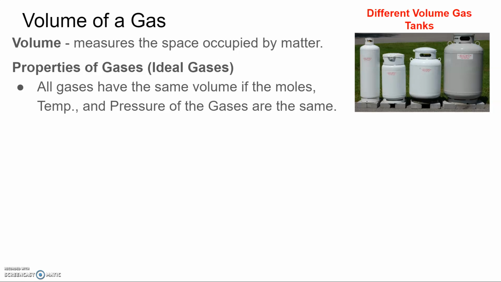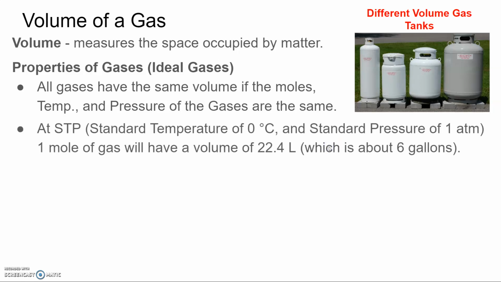All gases have the same volume as long as the moles, temperature, and pressure of the gas are the same. At STP, standard temperature and pressure, which is 0 degrees Celsius and 1 atmosphere, 1 mole of gas will have a volume of 22.4 liters, which is about 6 gallons.